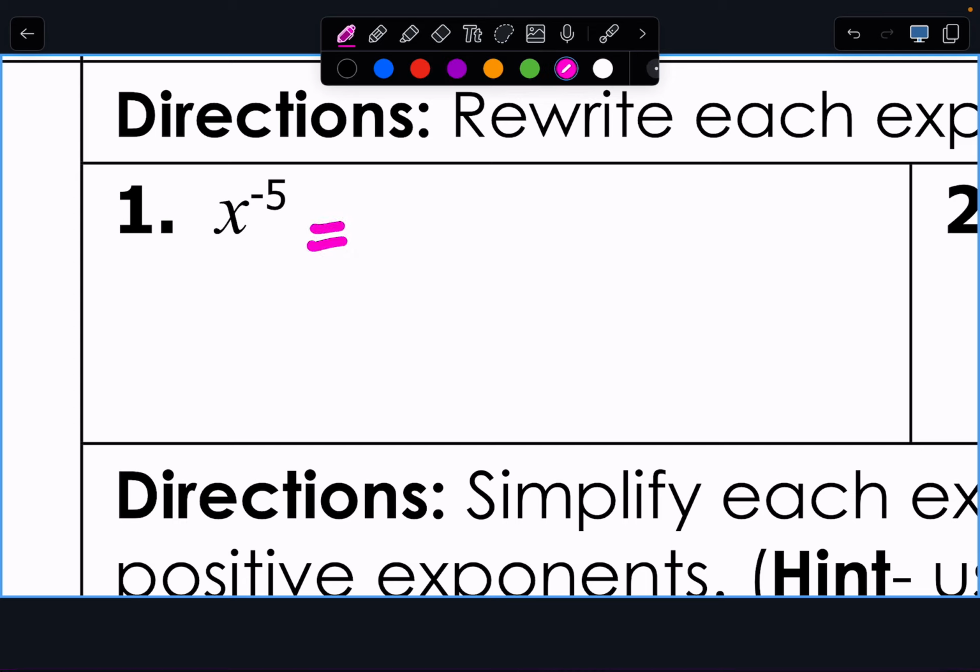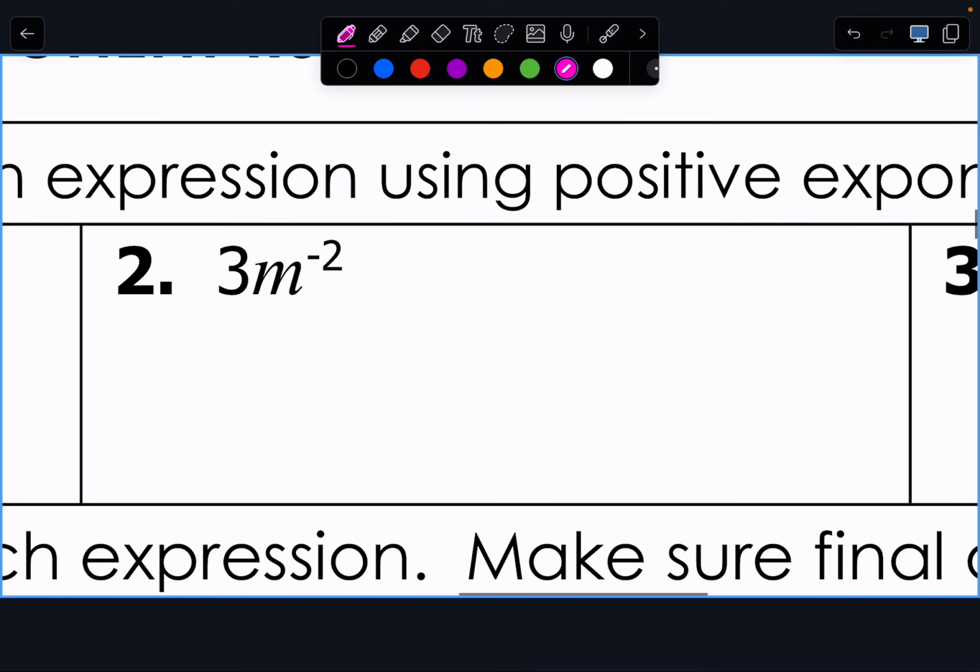However, if you look at number 2, does 3 have a negative exponent? It doesn't. That's just 3 to the first. 3 has a positive exponent, which means 3 doesn't move. It has a positive exponent, but m to the second power goes on the other side of the fraction bar.